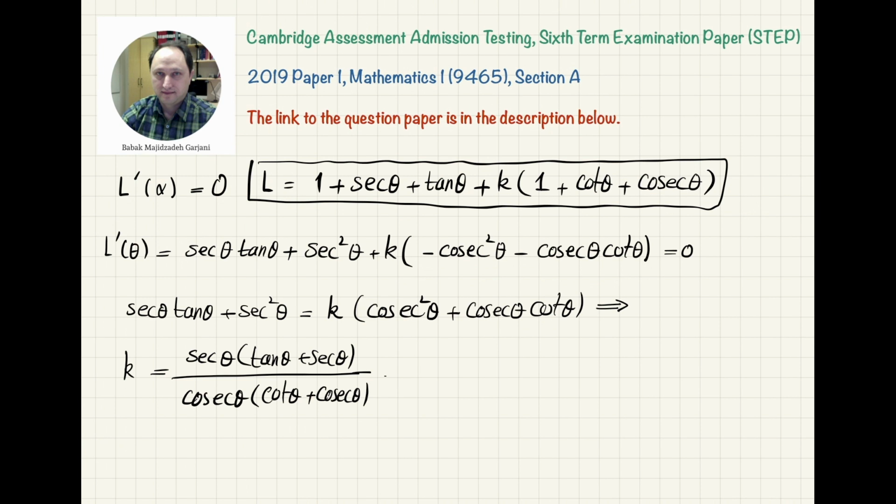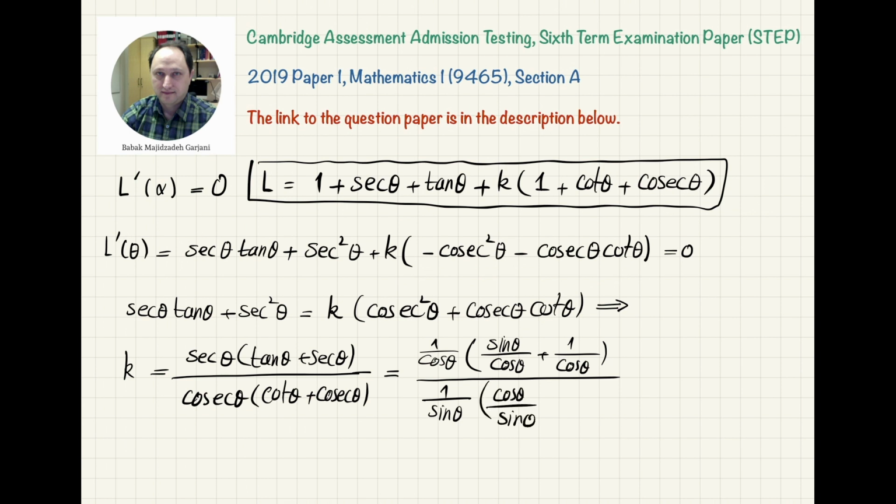So this is my k value, but let me simplify this as much as possible. If you write all of them in terms of sine and cosine, this becomes 1 over cosine theta times sine theta over cosine theta plus 1 over cosine theta, divided by 1 over sine theta times cosine theta over sine theta plus 1 over sine theta.